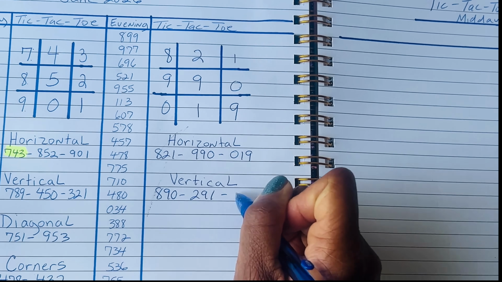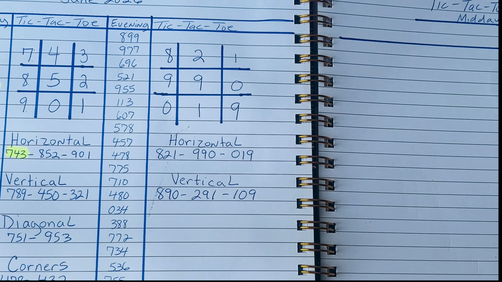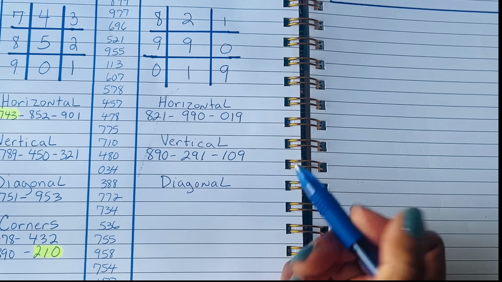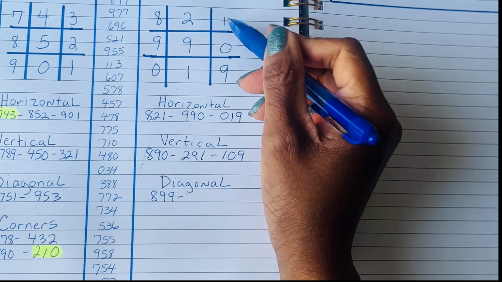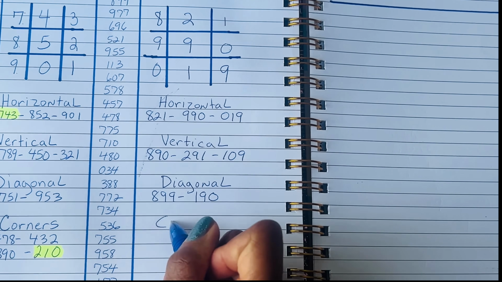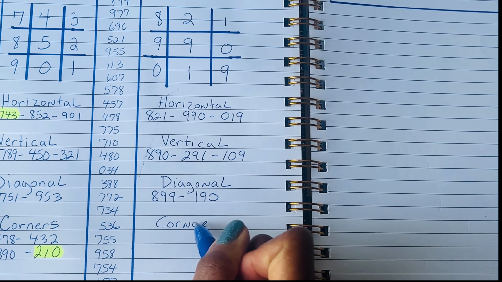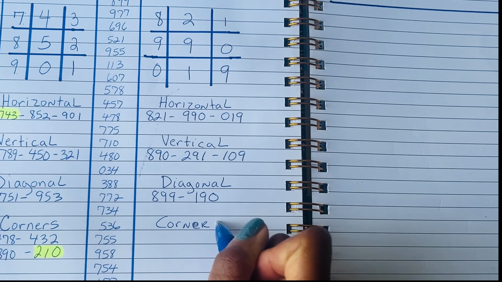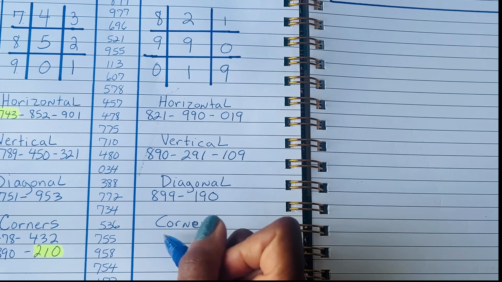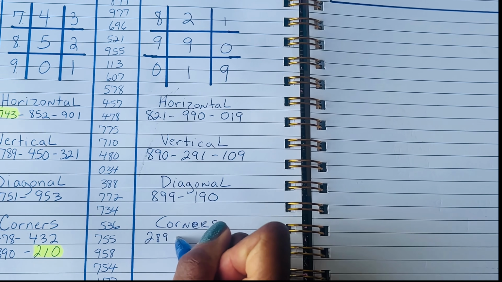Once I complete writing all the numbers down, I am going to go look at the evening winning numbers to see if any of these pattern numbers have appeared. Always start with the first pattern, that'd be horizontal, then move on to vertical, diagonal, and corners, highlighting numbers that have appeared in the winning numbers.